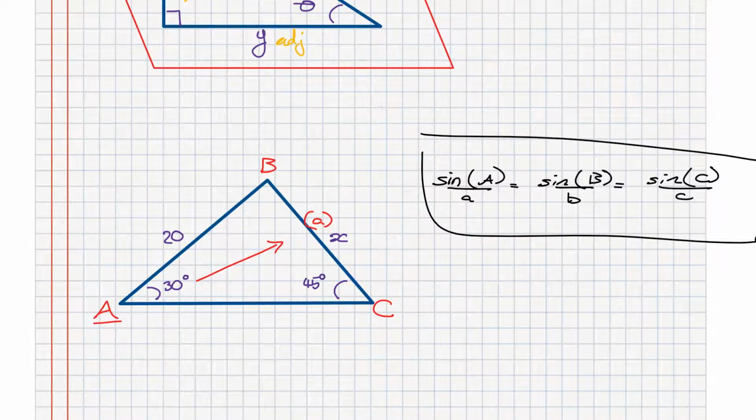So the side opposite the angle A we call little a, the side opposite the angle B we call little b, and the side opposite angle C we call little c.